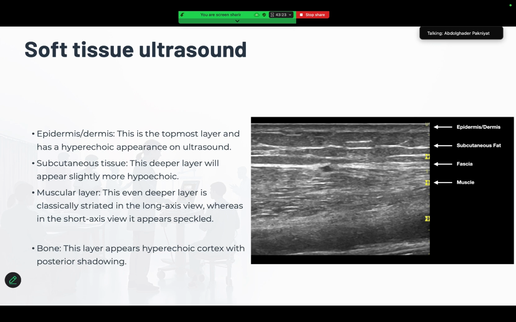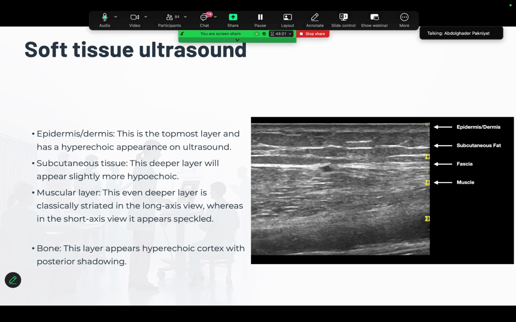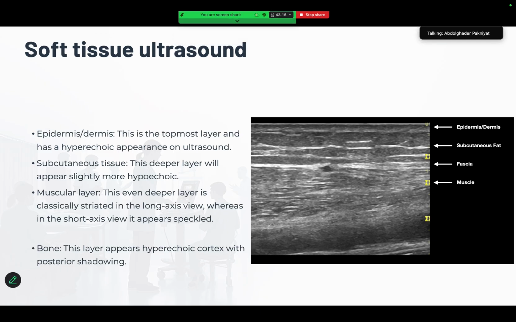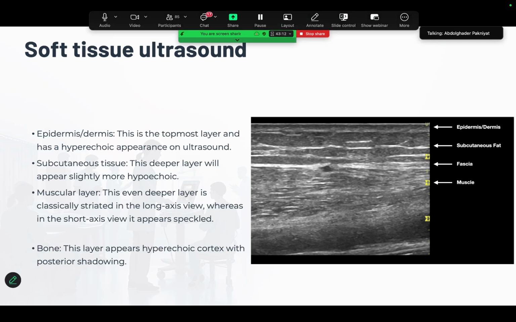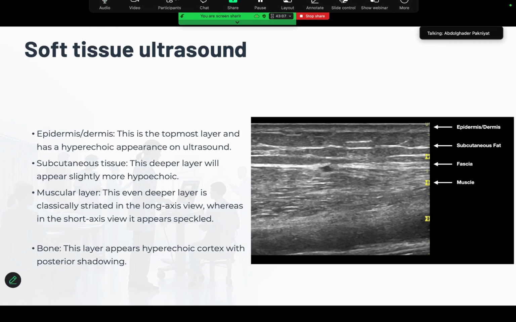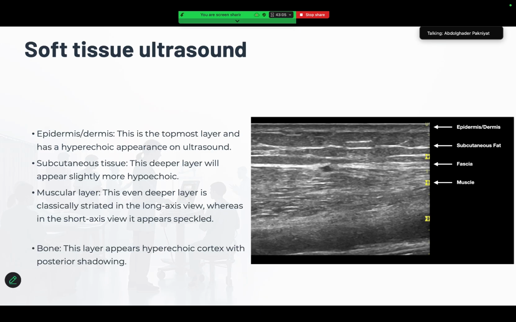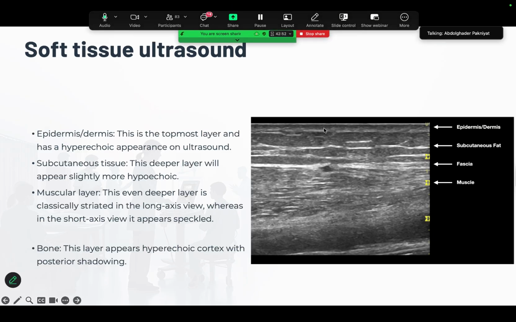So before discussing abnormal findings in soft tissue infection per the ultrasound, let's discuss the normal ones. If you understand the normal ones, we can detect abnormal findings and pathologies more easily. When you are doing the point of care ultrasound, we have different layers. Maybe it's a little confusing at first, but I think it is easy to learn. The first layer is a very tiny hyperdense layer, the epidermis and the dermis.